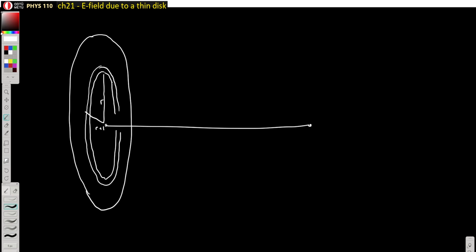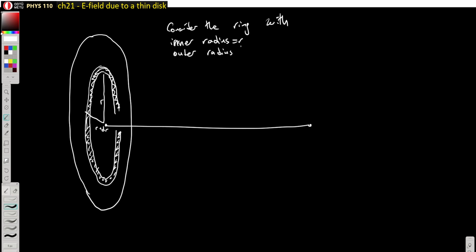This is r plus dr, and we are considering only the charges on that ring. Again, let me write it in words: we consider the ring with inner radius r, outer radius r plus dr.